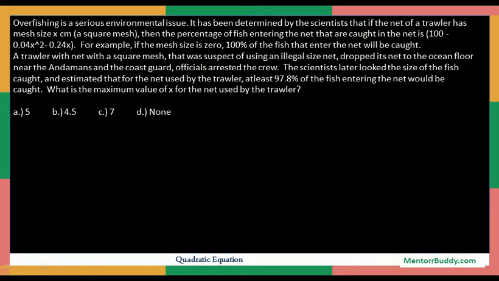We can see the mesh size is x and the respective quadratic equation is given as 100 minus 0.04x square minus 0.24x. So we can say for some x, 97.8% of the fish were caught.